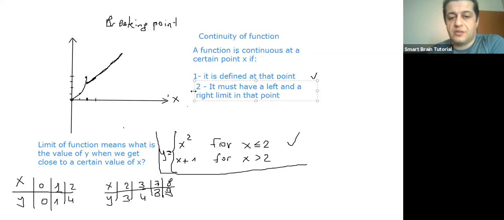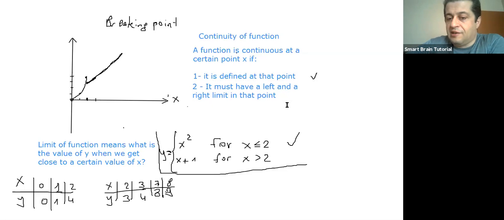What does it mean, having a left and a right limit? As I said, a limit is the value of y at a given point when we substitute the x with the value of that point.